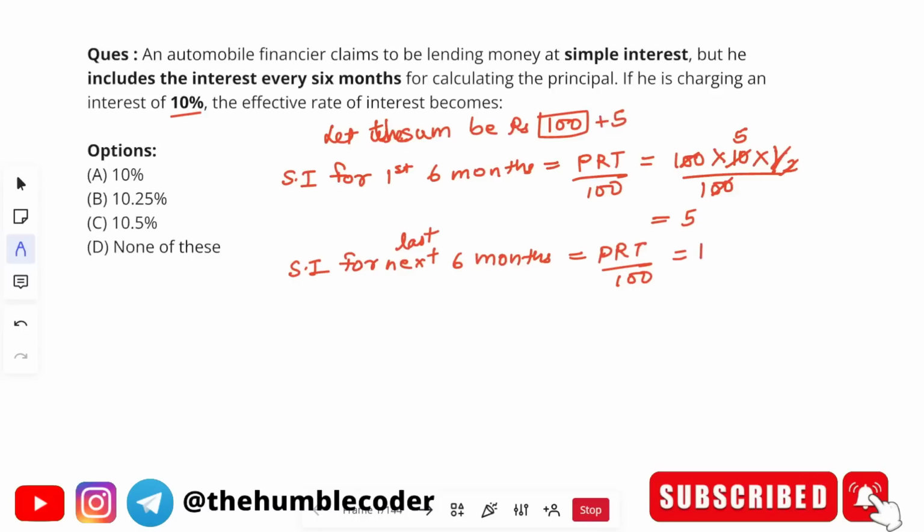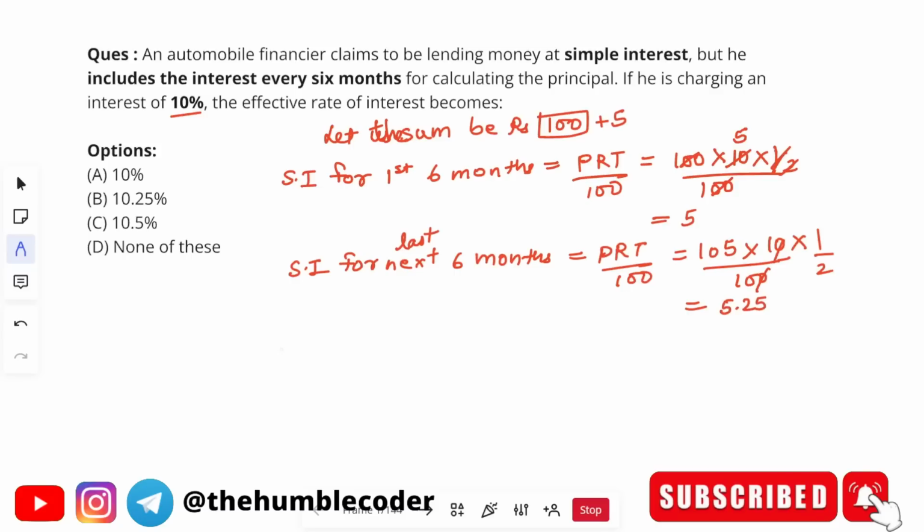So this time our principal will be 105. Rate 10%, and then 1 by 2 for the next 6 months, divided by 100. On solving this, you will get 5.25 as the simple interest for the next 6 months.